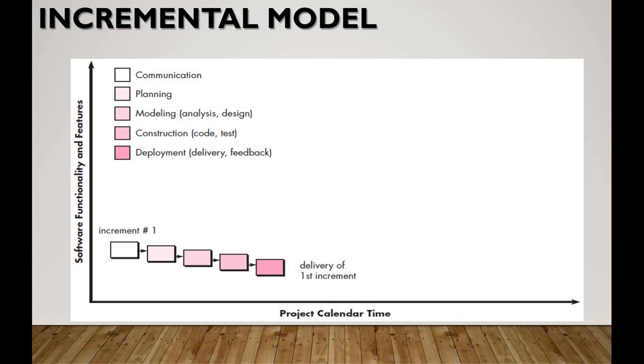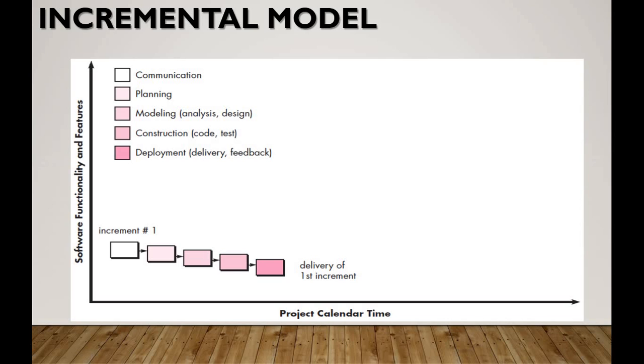After analyzing, they will generate a plan, and in that plan they will decide in how many increments they are going to develop the project. So in the first increment there will be all the phases that we have followed in SDLC. The first stage will be communication, second planning, third modeling, fourth construction, and the last phase will be deployment.